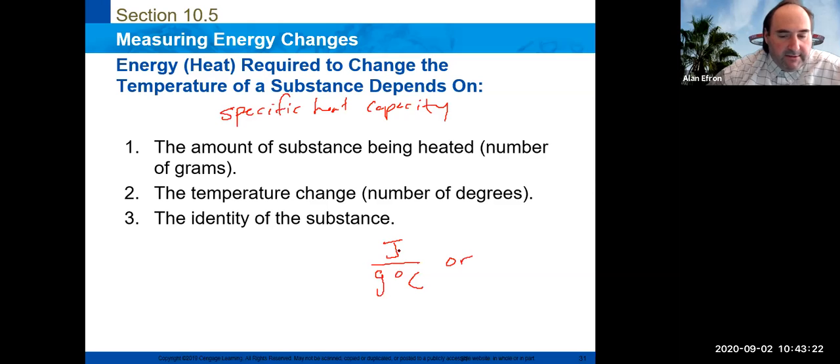Our common units are calories per gram per degree Celsius. And again, it's basically the definition there, the energy, like joules, required to raise 1 gram of a substance by 1 degree Celsius. So that's why it has all 3 of these sort of units associated with it.